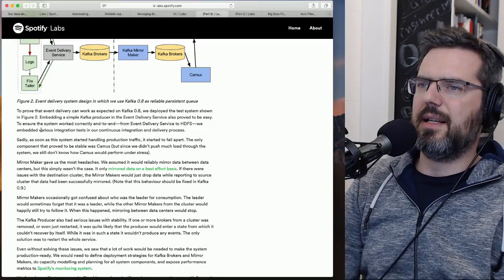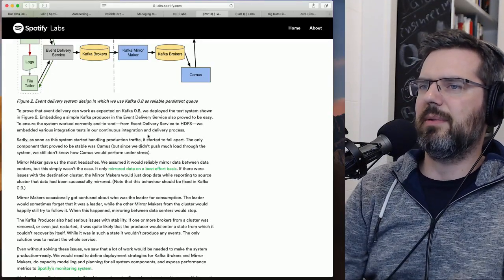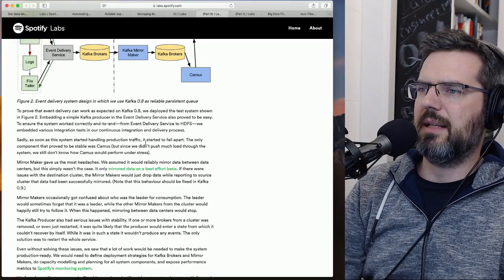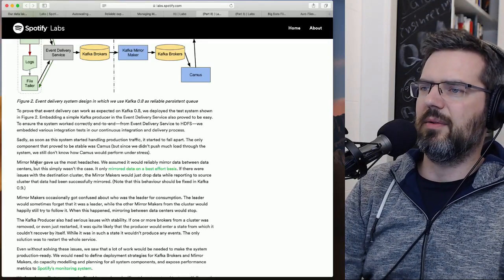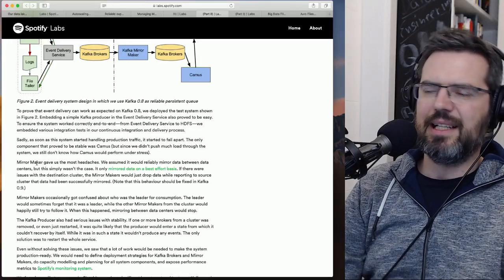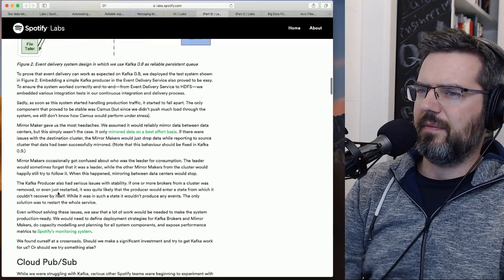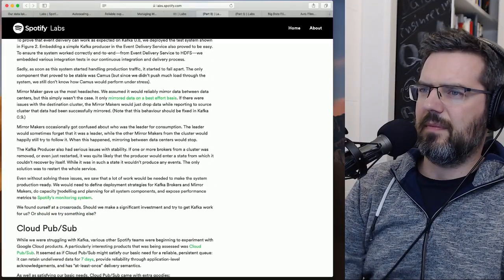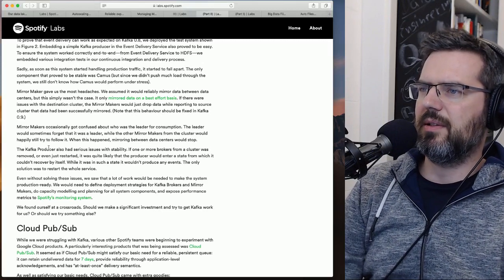Yeah, they said sadly, as soon as this system started handling production traffic, it started to fall apart. The only component that proved stable was the Kafka Mirror Maker. Okay. So the problem is with the Kafka producer.